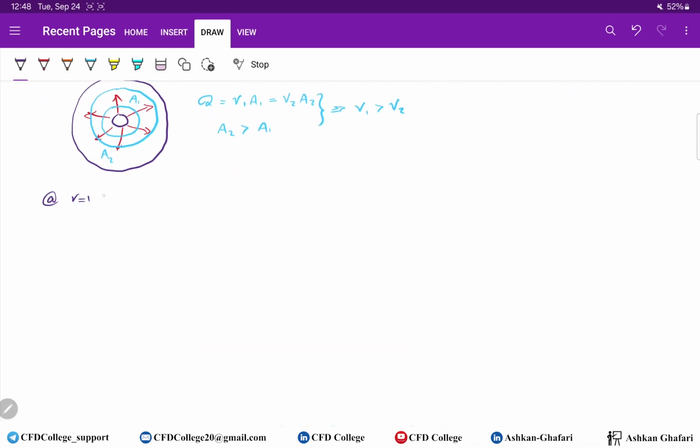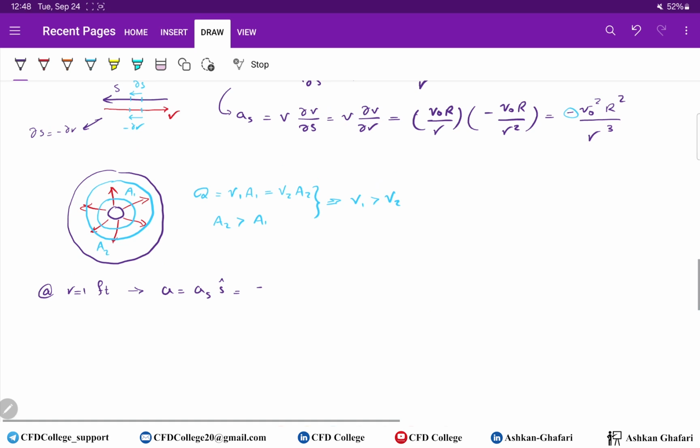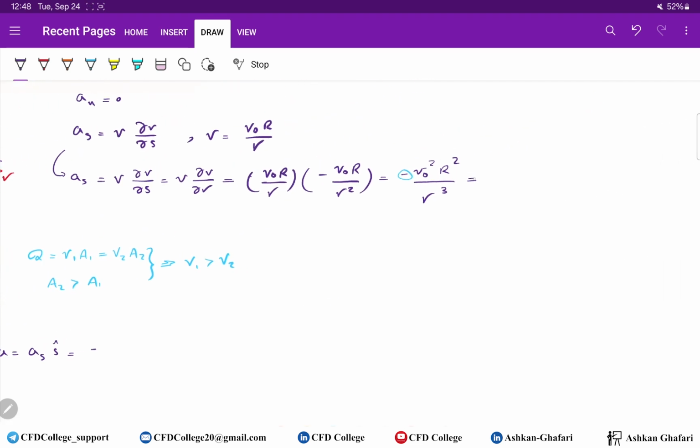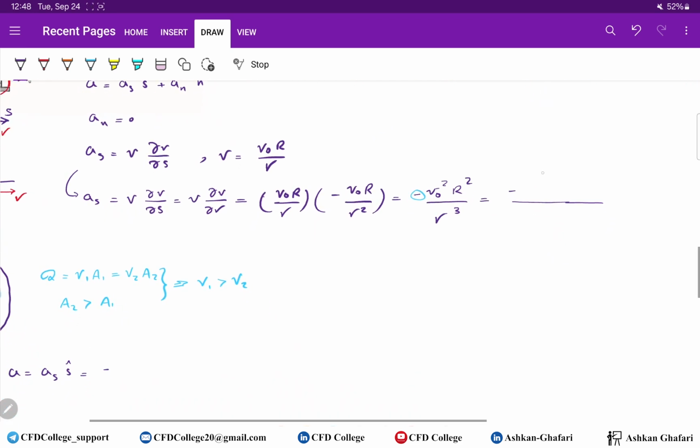At r equals 1 feet, a, which is equal to a_s in a streamline direction, equals minus, let me make it simpler, minus, we know v naught, which is 5 feet per second, minus 5 feet per second squared, times the radius, which is 3 feet to the power 2, divided by r to the power 3.